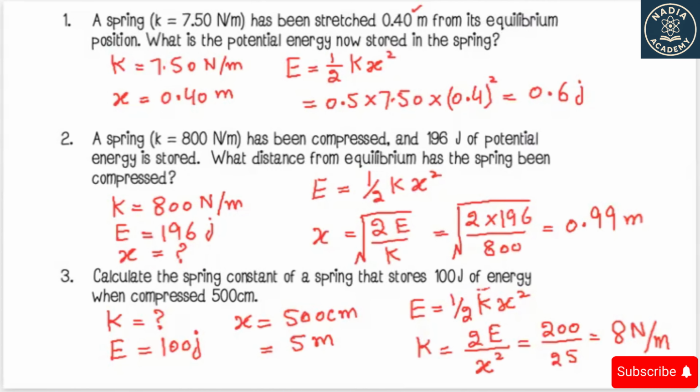So again, remember that the theory of the spring system is applicable to materials for elastic and plastic deformation. And this theory is not only applicable to smaller systems, but it can also apply to a huge system, even a bridge.